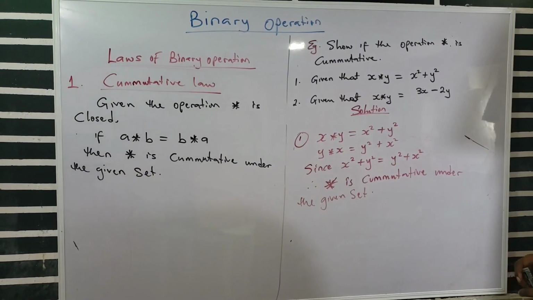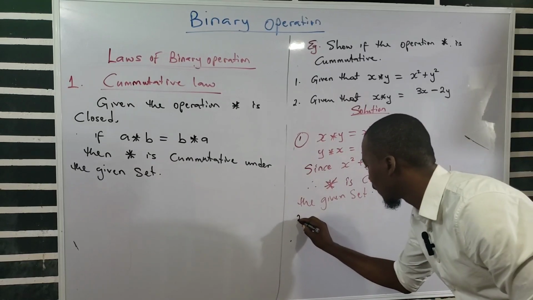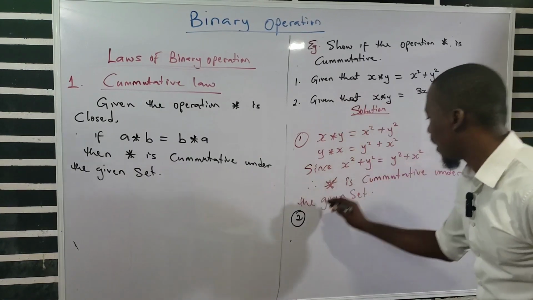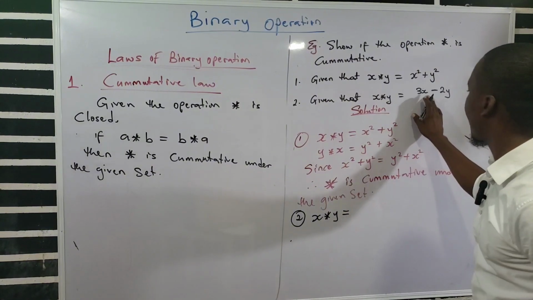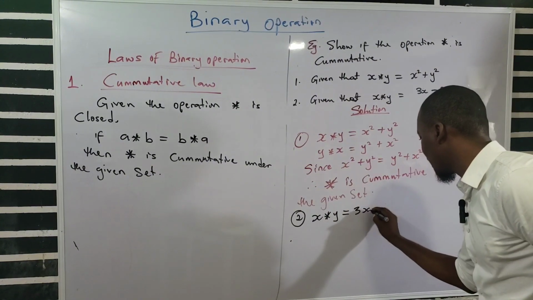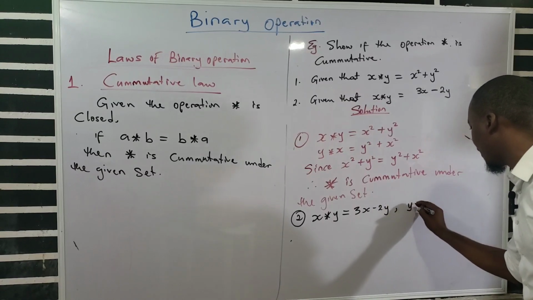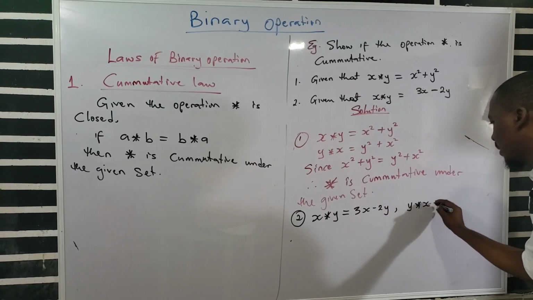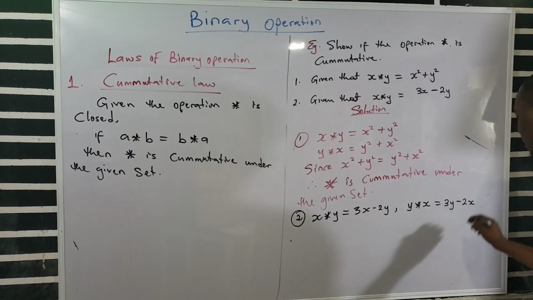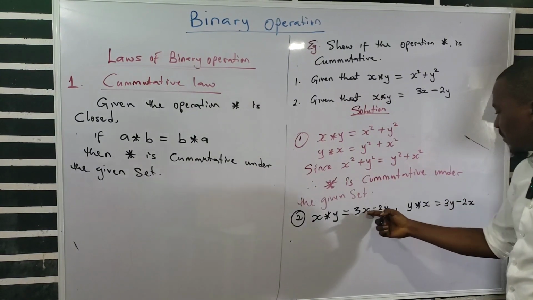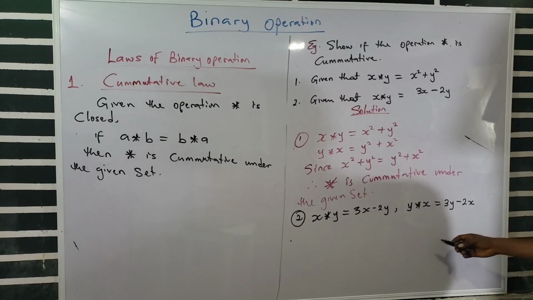Under the given set. Okay, so let us look at the second one. If I have x binary y as 3x minus 2y, and I have that y binary x equals 3y minus 2x. So 3x minus 2y and 3y minus 2x, are they the same?